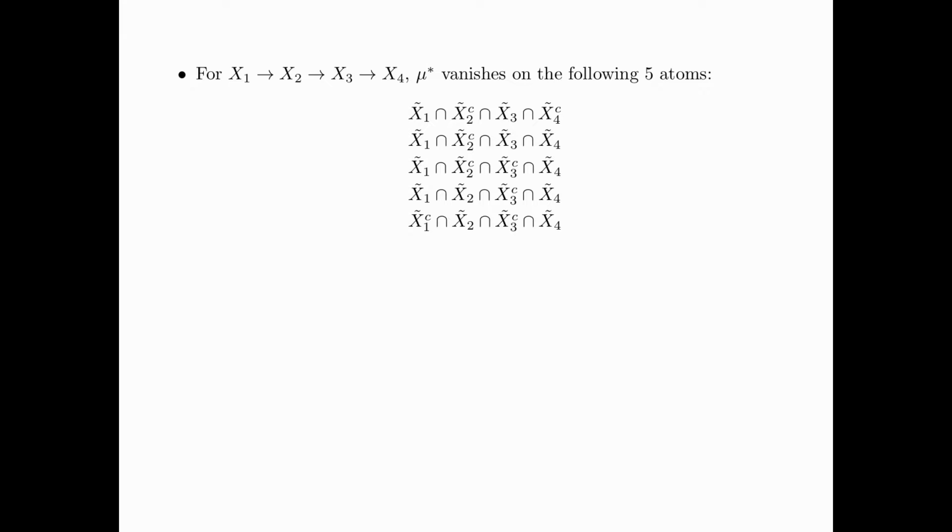We have shown that for 3 random variables forming a Markov chain, the structure of mu star can be simplified, and hence the information diagram can also be simplified. This theme can be extended to 4 random variables forming a Markov chain. For the Markov chain X1, X2, X3, and X4, it turns out that mu star vanishes on the following 5 atoms.